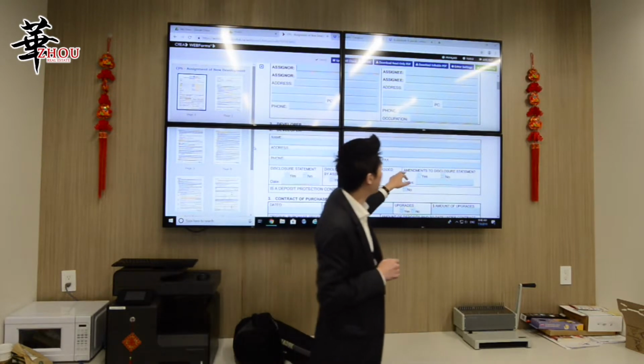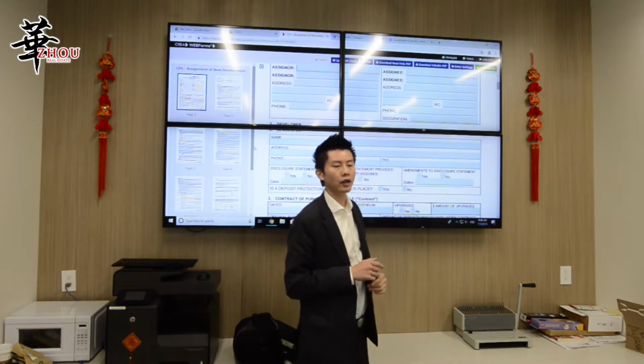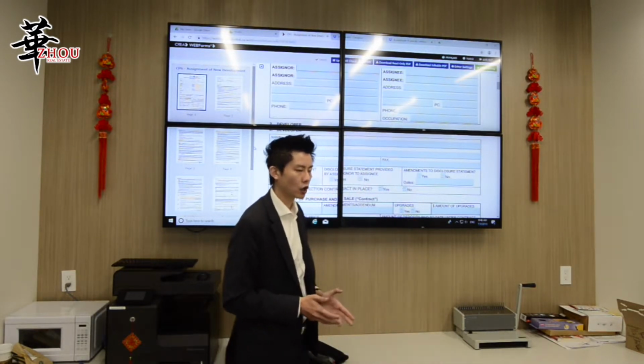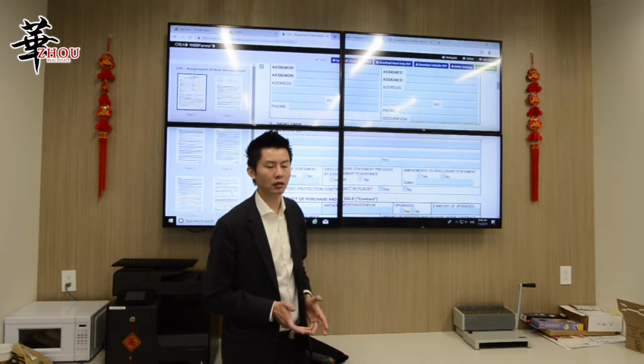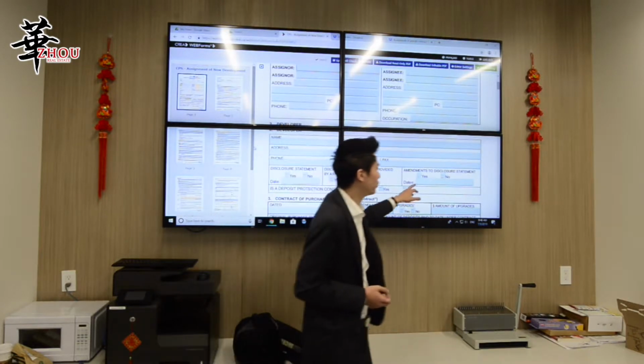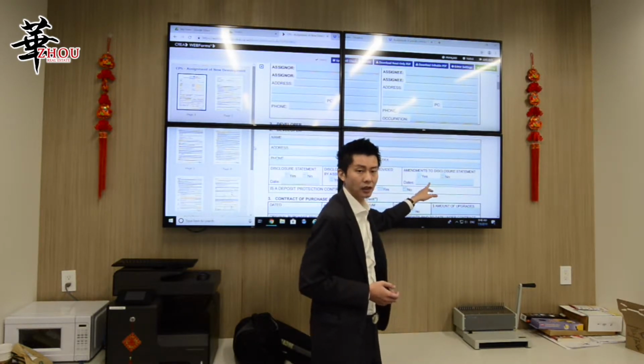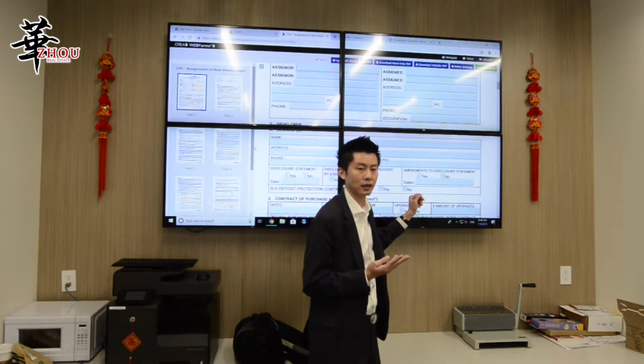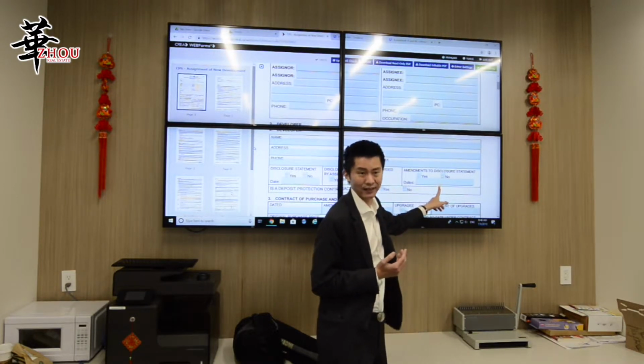And for amendments, normally when you are able to assign a contract, there are already a minimum of 2 amendments. So that means you have to put 2 dates here. If you already have 4 amendments, you have to put 4 dates.